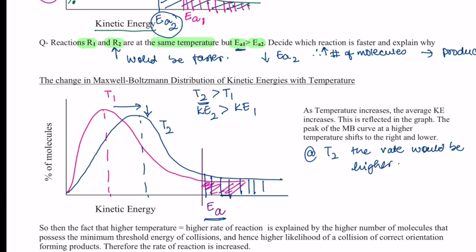On a test, make sure you write a complete answer, making the connections between the fact that the higher temperature means that there is a higher number of molecules that possess the minimum threshold energy of collisions, and hence there is a higher likelihood of a collision of correct orientation to form products.